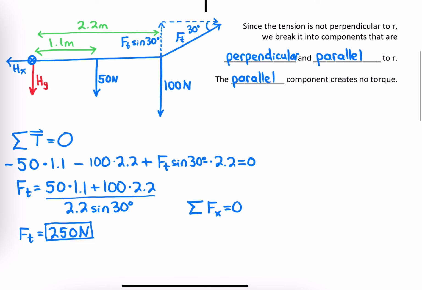So I'll label this here, FT cos 30 degrees. So in the x direction, I have negative Hx plus FT cos 30 equals 0.